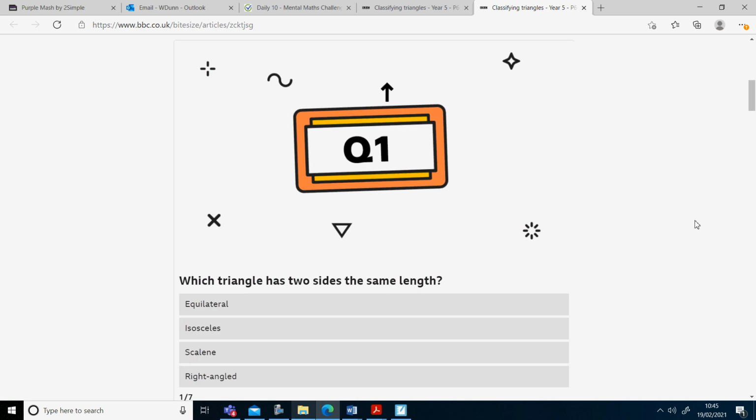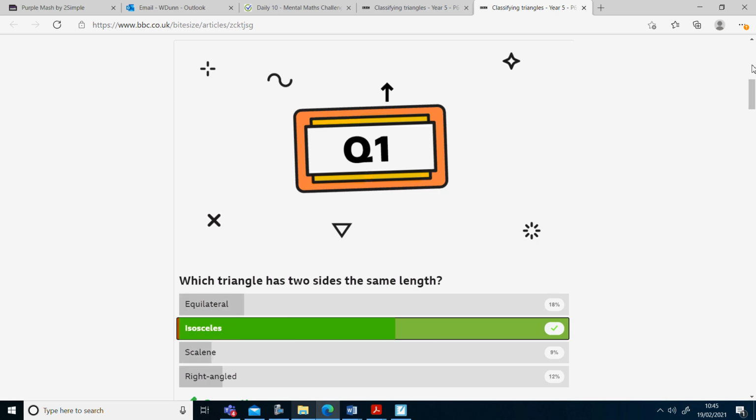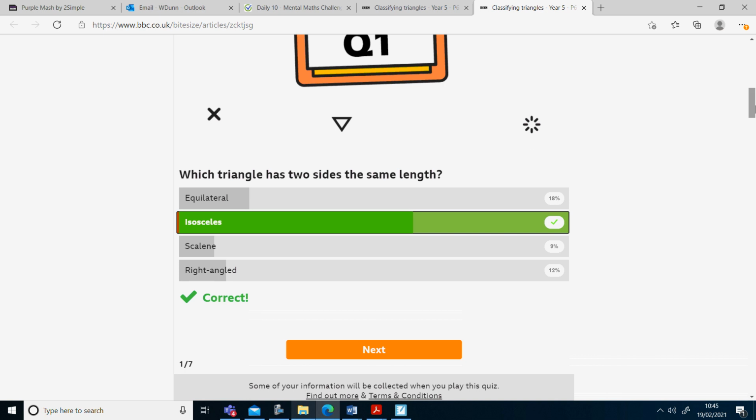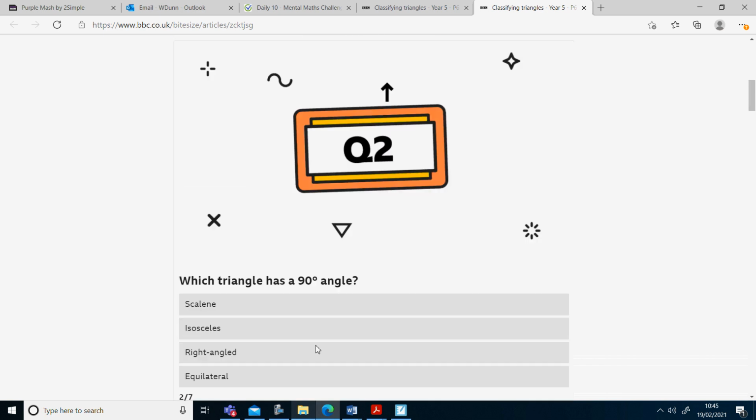Okay, question 1. Which triangle has two sides the same length? I'm going to try isosceles. Well done if you got that correct. Question 2. Which triangle has a 90-degree angle?